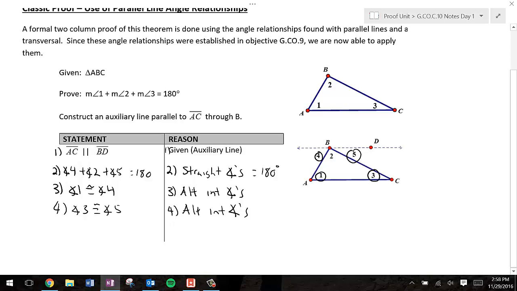Once I have these, we can use substitution, replace 4 with 1. So I've got angle 1 plus angle 2, and then I'm going to replace 5 with angle 3. That equals 180 degrees, and the reason why I can do that is substitution. And I really did a double substitution, so we'll say it's 2 times. And now I've shown that angle 1 plus angle 2 plus angle 3 equals 180 degrees here.